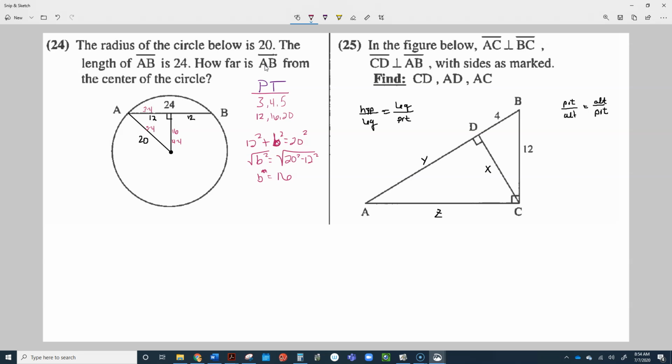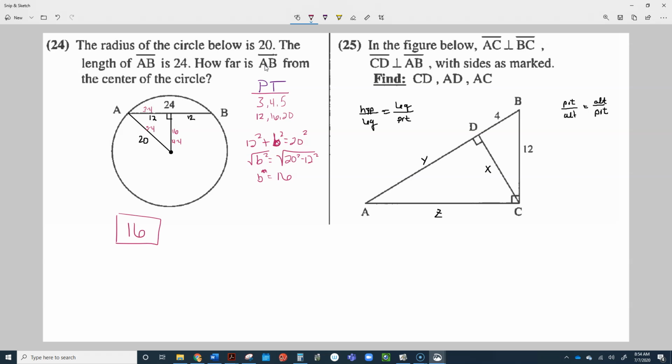So the answer is 16. How far is AB from the center of the circle? 16 units. Okay, looks like we have a geometric mean situation over here based on the drawing.